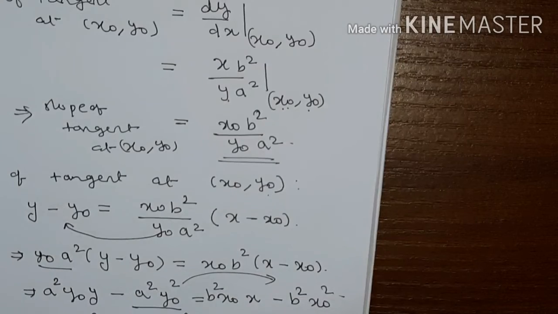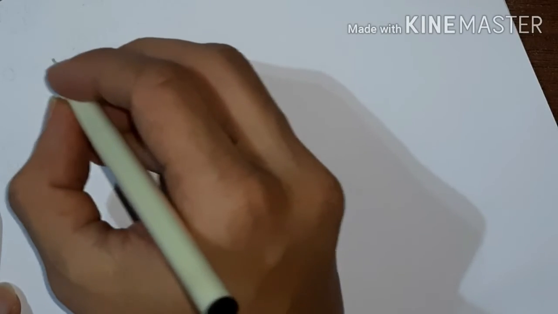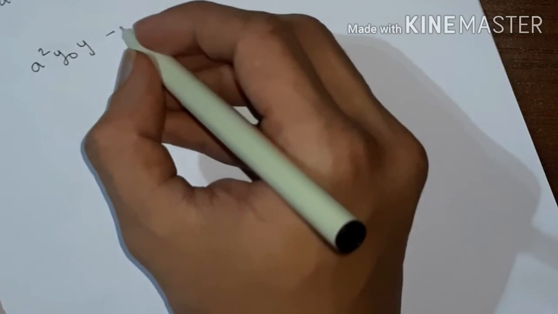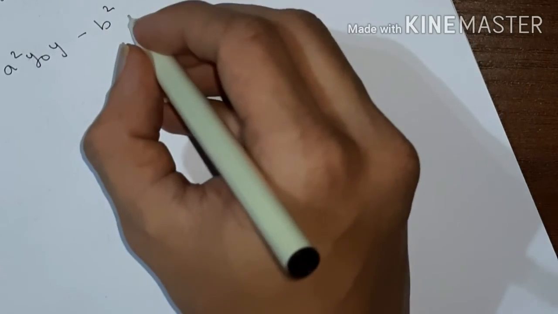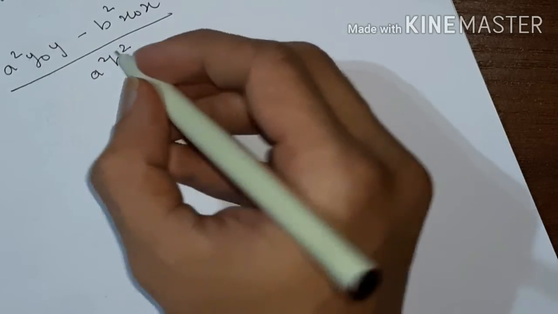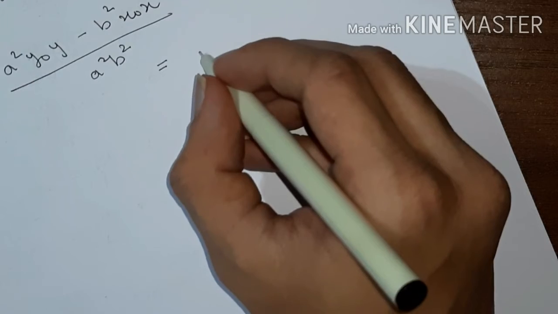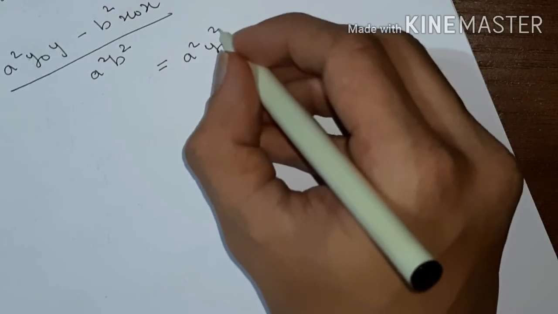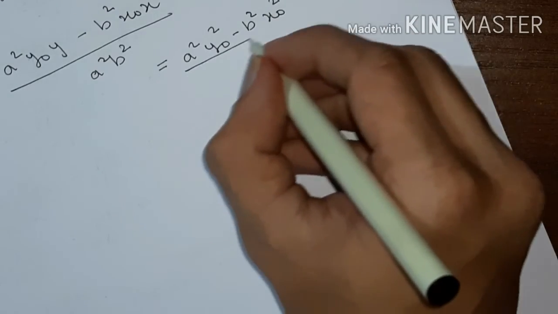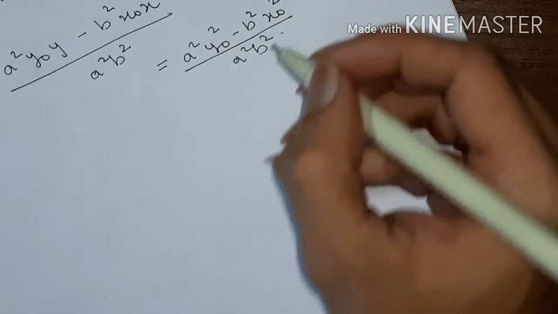Okay, so now what we have to do is divide this equation by a square b square. So what we will get is a square y naught y minus b square x naught x divided by a square b square, equal to a square y naught square minus b square x naught square divided by a square b square.